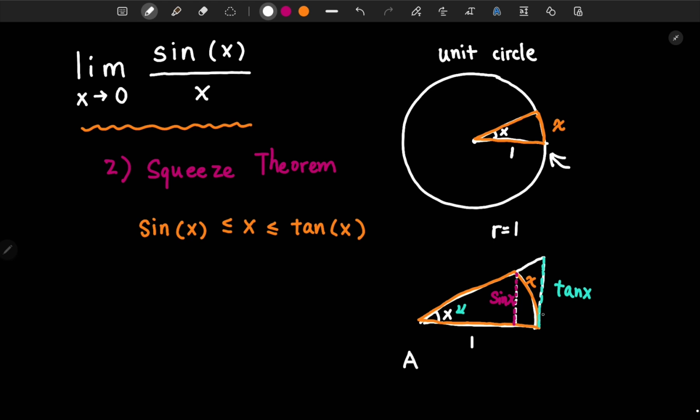Then distance a divided by 1, which is the radius, is equal to tangent x by definition. Then we know a, this blue line, has length tangent x times 1, which is tangent x. So this is how we can quickly calculate that.